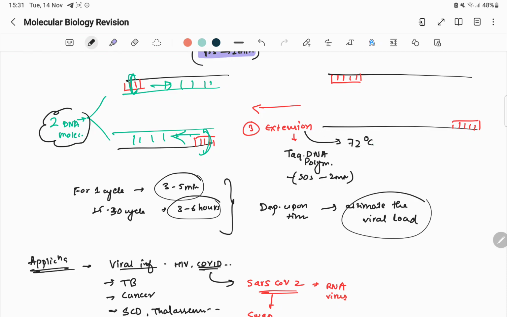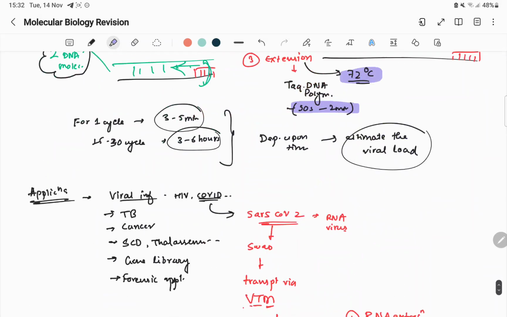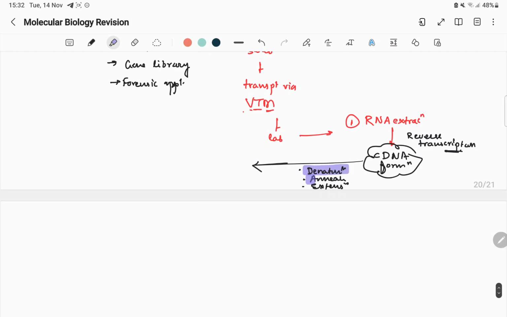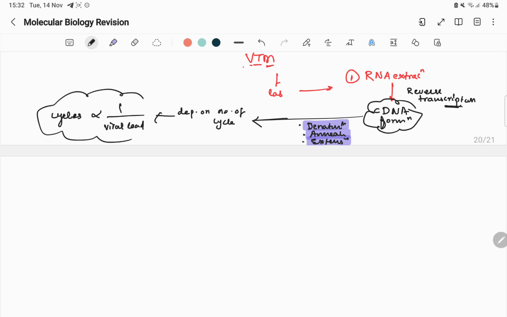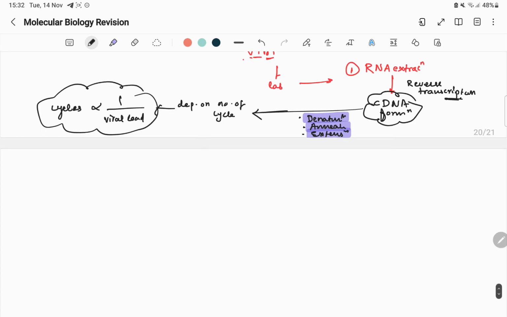These 3 steps are done, and depending upon the number of cycles, you can estimate the viral load. Like if cycles are more, the viral load is less.